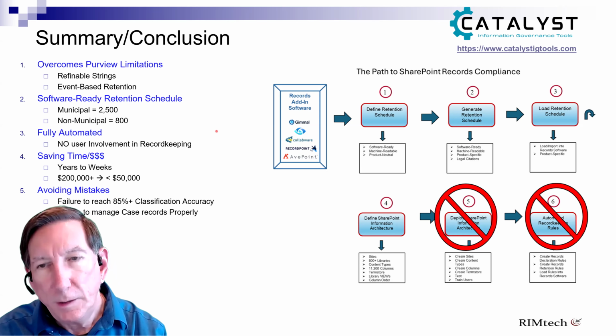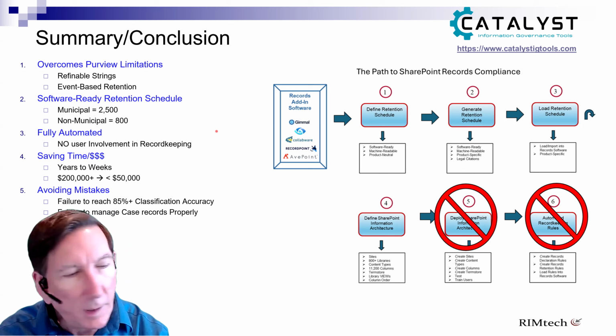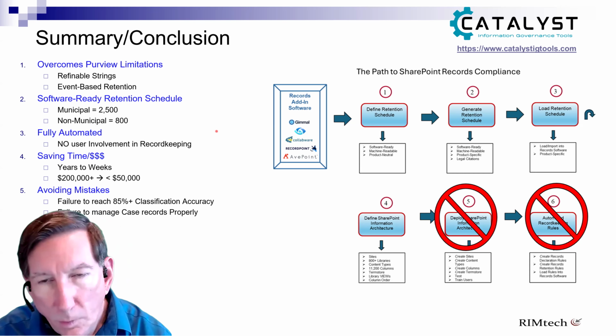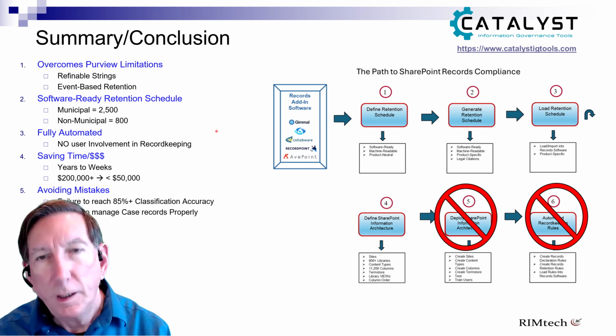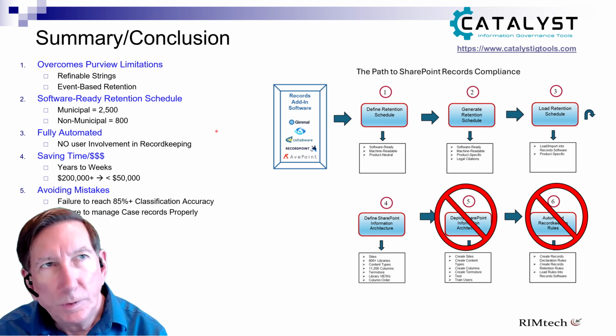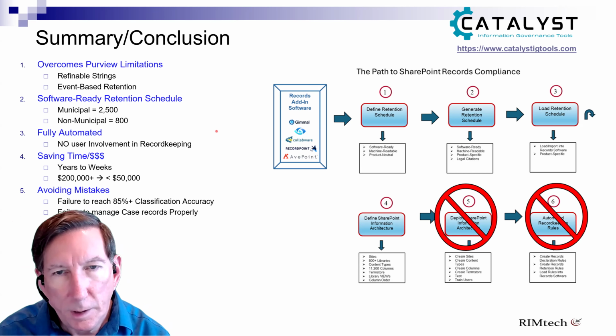Number 2 is the case records, event-driven retention. If you don't get that right, you're never going to do a disposition on 60 to 80% of your records. So Catalyst gets it right. And not only that, but when it finishes, we'll show you how to measure and prove that you've reached compliance.